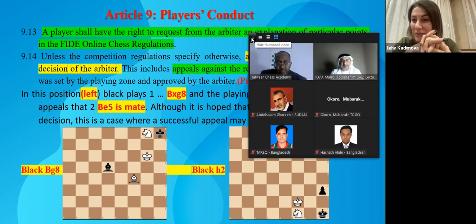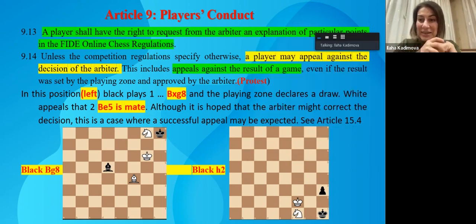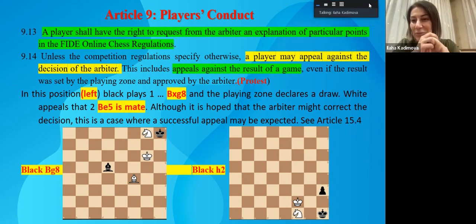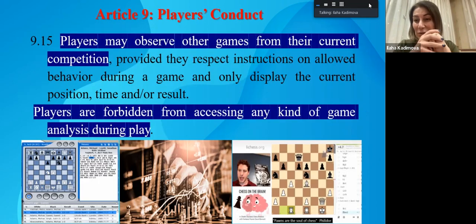I am very, very happy that you managed to organize such a great event. As a part of the Women's Commission, I see that there are 10 women in your seminar, which makes me very happy, because we always try to have more women in every seminar, in every aspect of chess life.